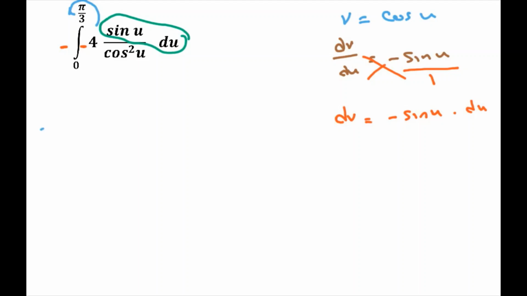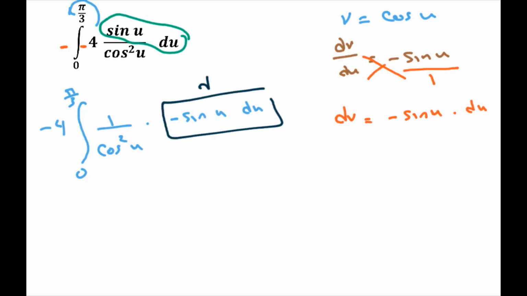So I'm going to say negative 4, the integration from 0 to pi over 3, of 1 over cosine squared u multiplied by negative sine u du. Now, this is going to be dv, and this is going to be v. So I can say negative 4 integration of 1 over v squared dv.